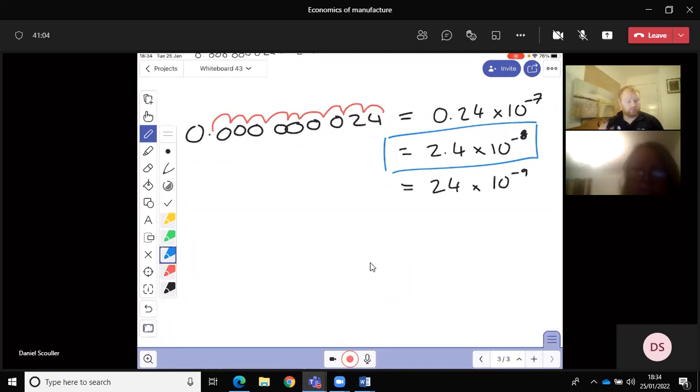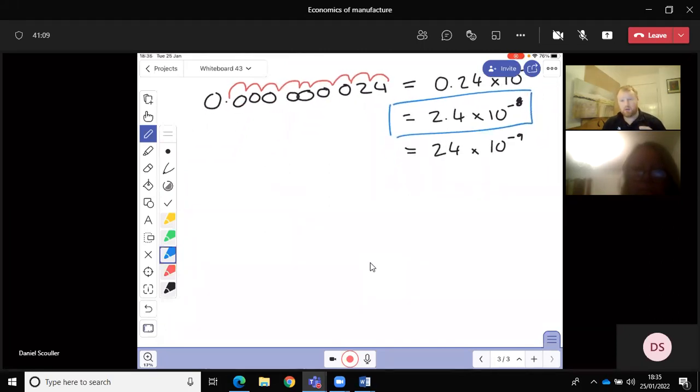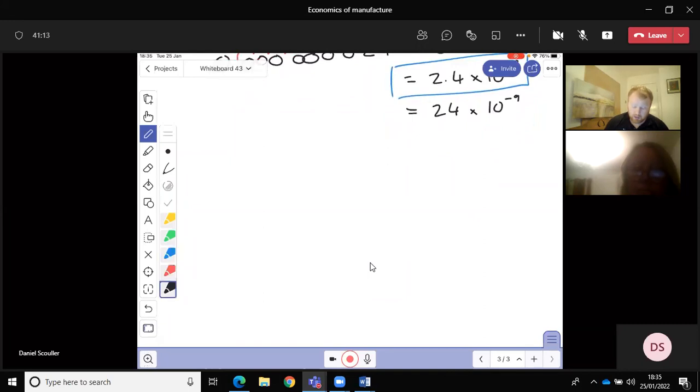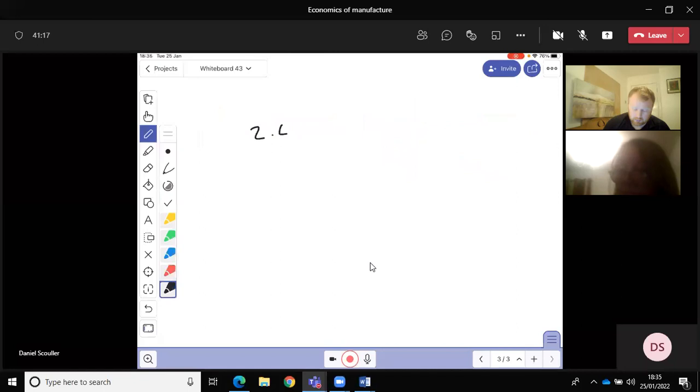So I've already sort of alluded to it, you can go the opposite way as well. So you can do that process in reverse. So if we get given the number 2.4 times 10 to the power of 4, that will be 24,000.